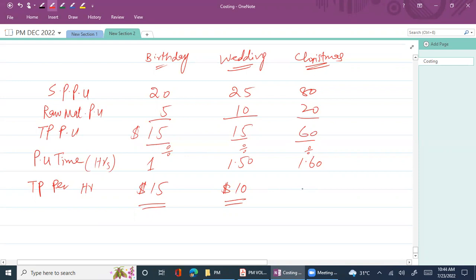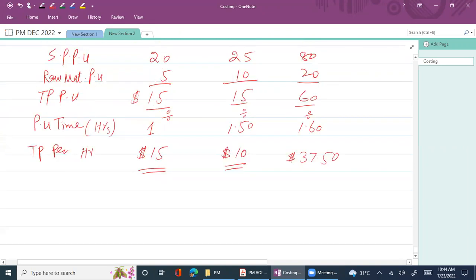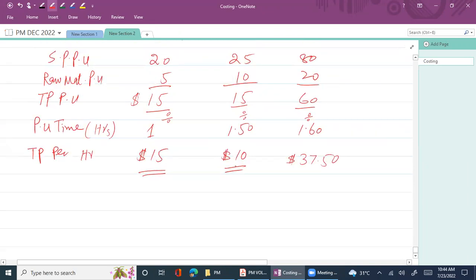It is 37.5, the throughput per hour. Okay, 37.5. And is it 10? 15 over 1.5.